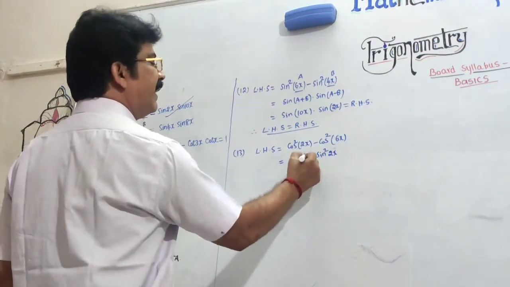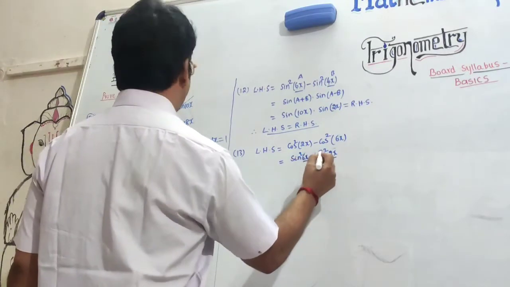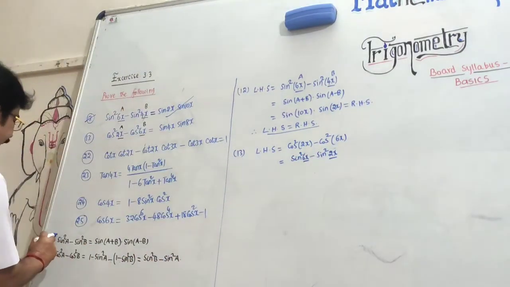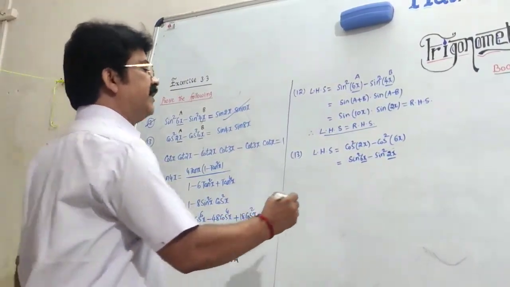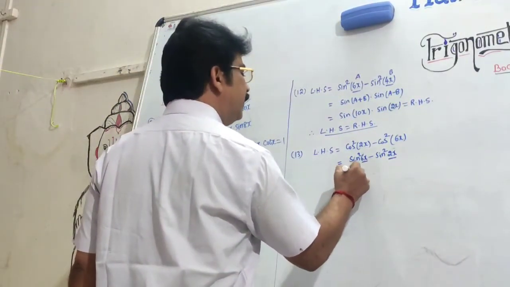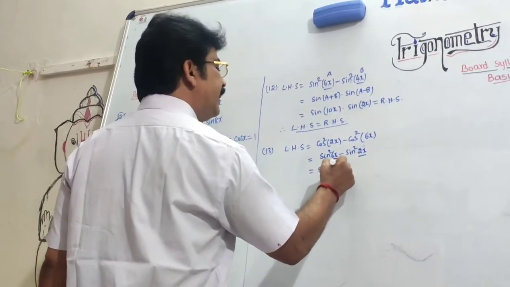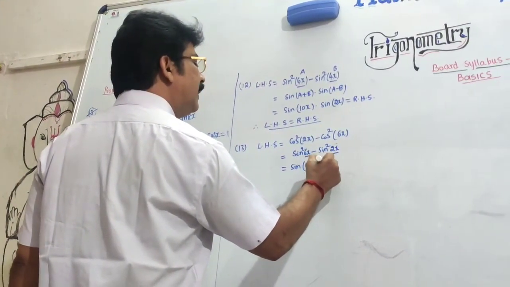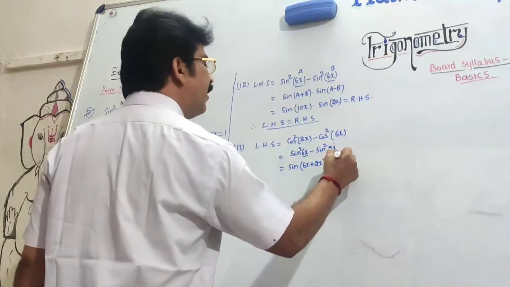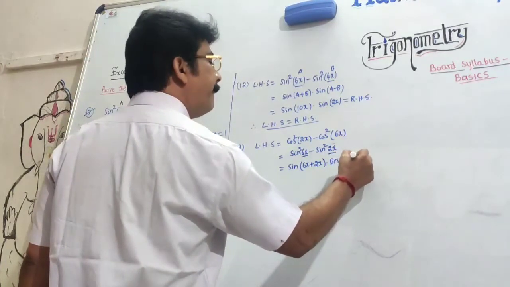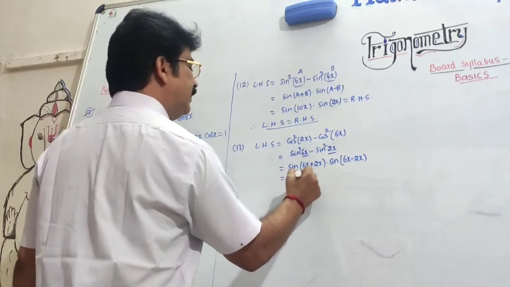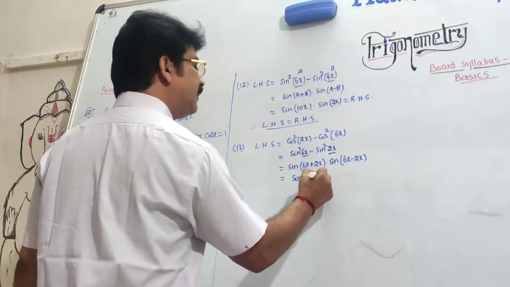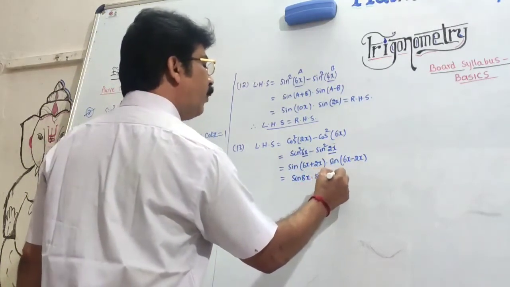It is in the form of, again, sin square A minus sin square B. Sin square A minus sin square B is sin of A plus B into sin of A minus B. That is equal to sin 8x sin 4x.